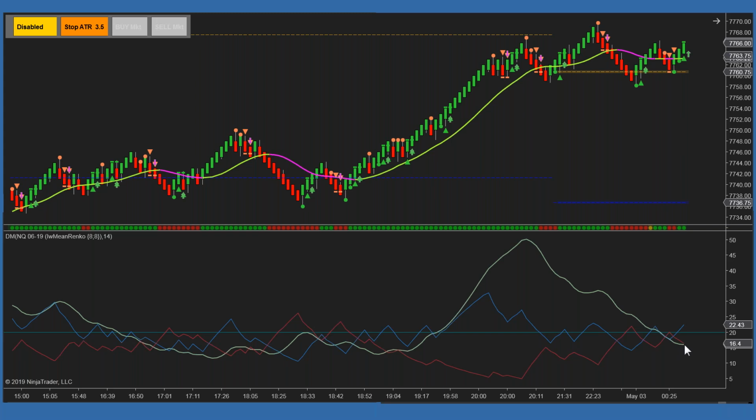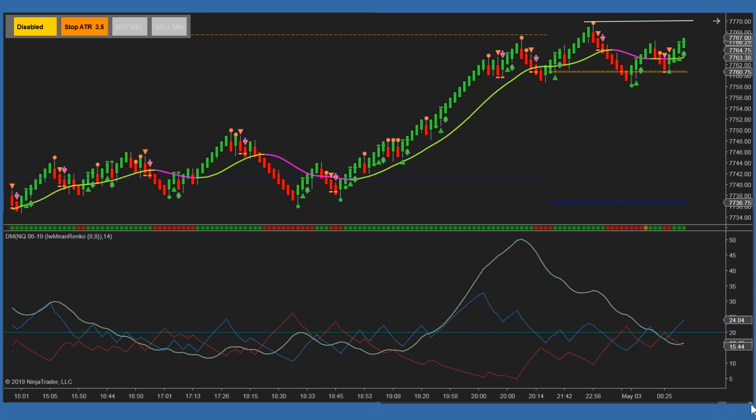In actual fact, I would probably like to see the ADX at least start to rise a little bit, but maybe I would put my just in case order to buy right up there. Just in case the market starts to rally, and it rallies really quickly and takes out the high. I will have an order in place.